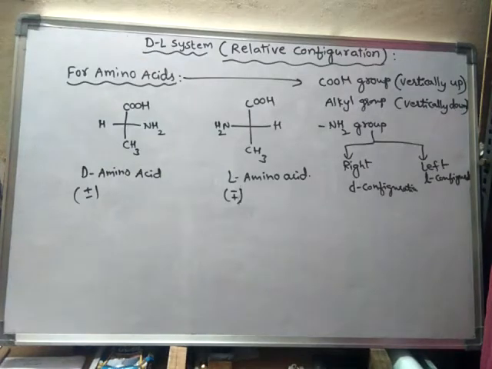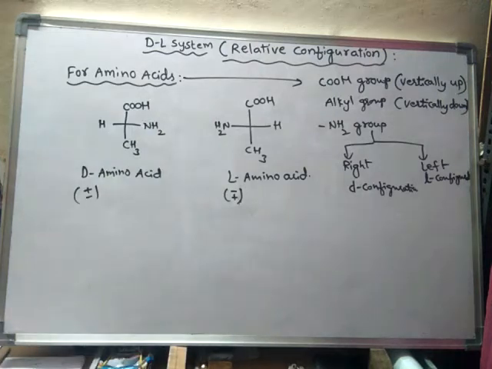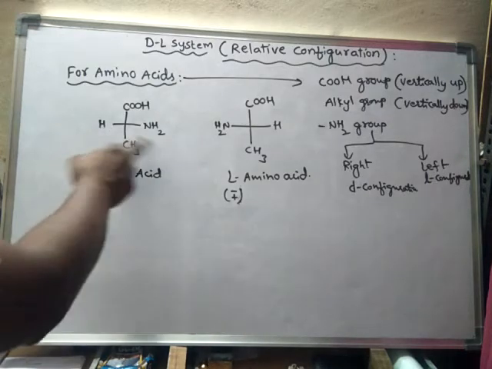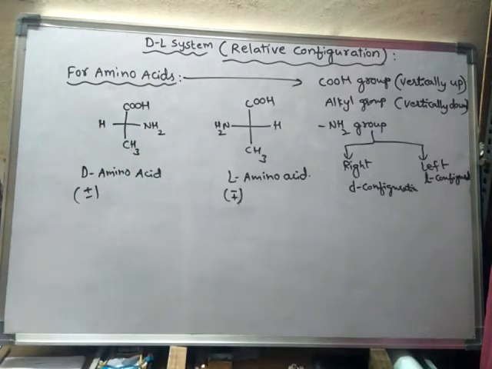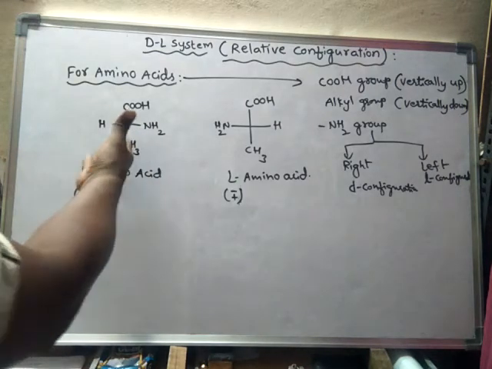Based on which side the amine group is present, the configuration is given to that molecule. For example, in this molecule the amine group is present towards the right side. Hence, it is said to be a D amino acid.